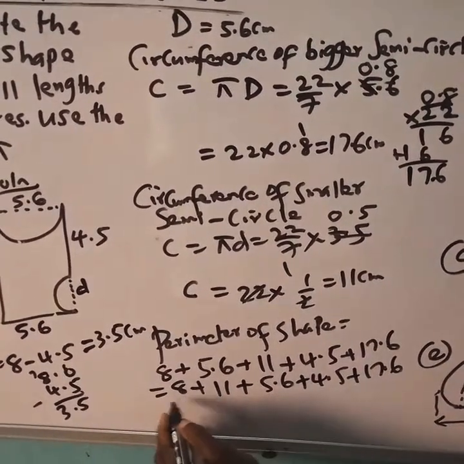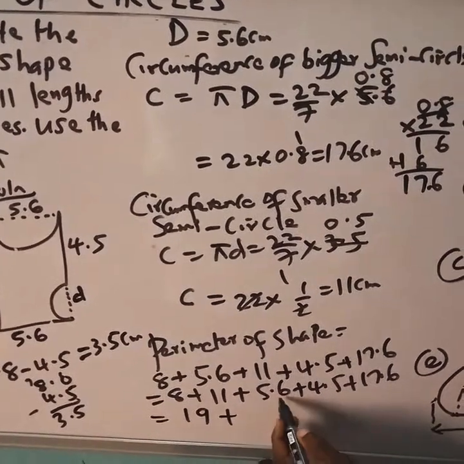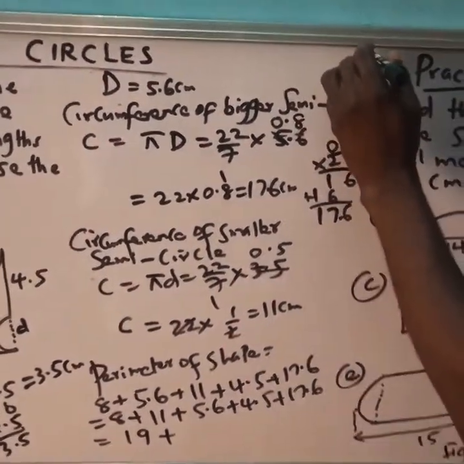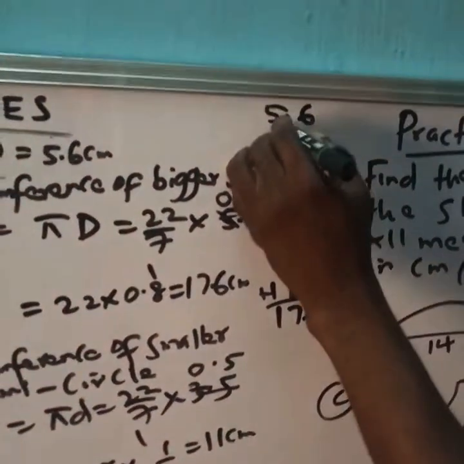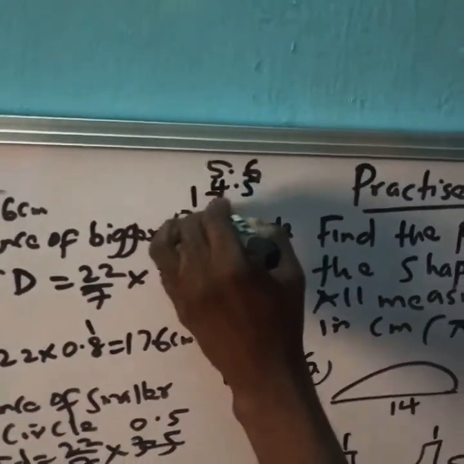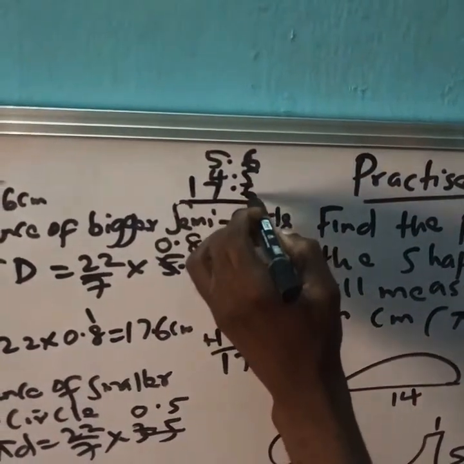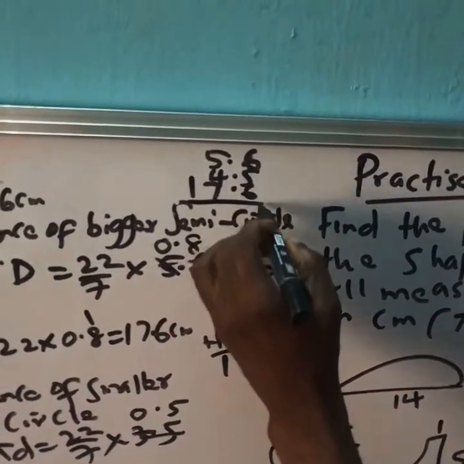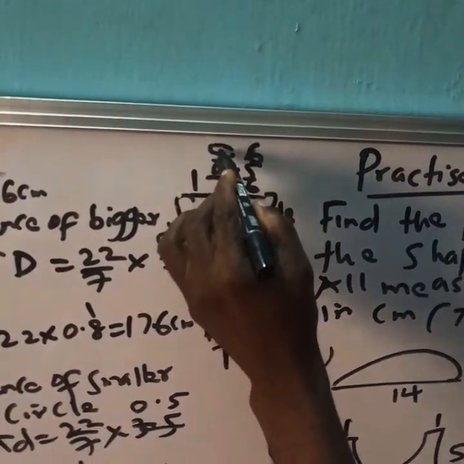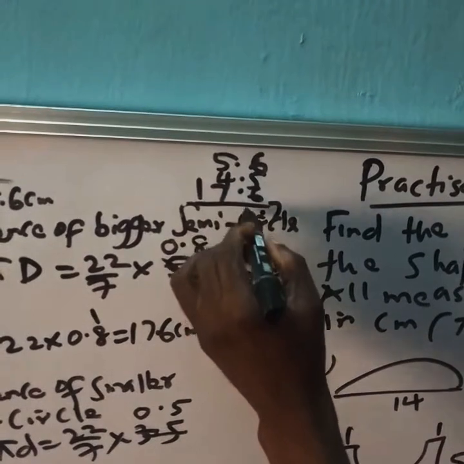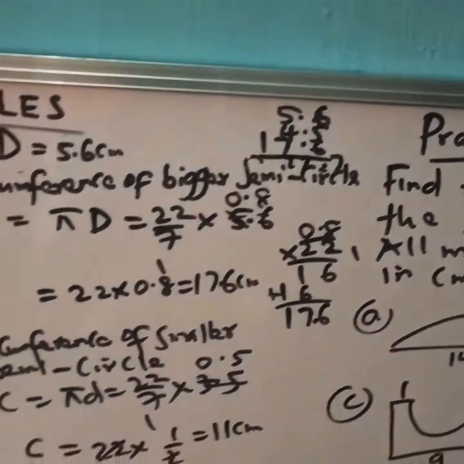So 8 plus 11 will give us 19. Now 5.6, 4.5, and 17.6. So 6 plus 6 is 12. 12 plus 5 is 17. Carry 1. 1 plus 5 is 6. 6 plus 4, 10. 10 plus 7, 17. 7 carry 1 plus 1, 27.7.